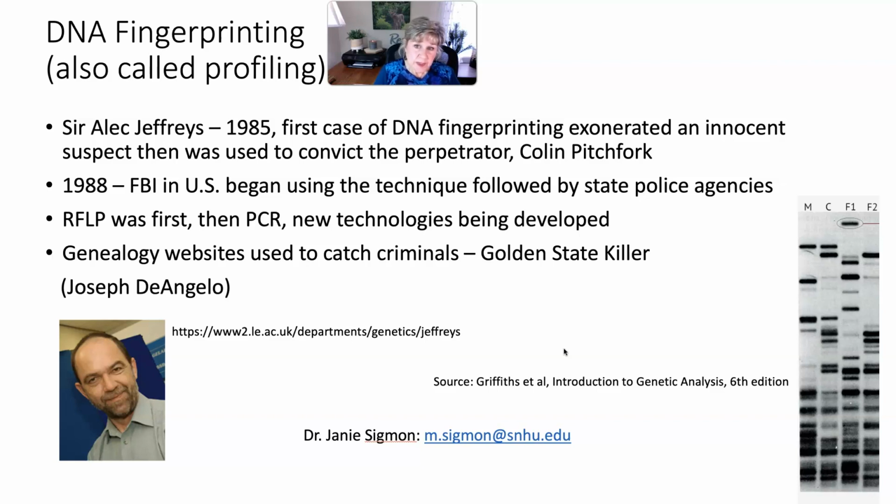And then the newest thing that's been happening with DNA and solving crimes is the use of genealogy to help solve crimes. And this is called forensic genealogy. So you're using websites like Ancestry.com, etc. There's so many more, 23andMe, all of those, to help catch criminals.